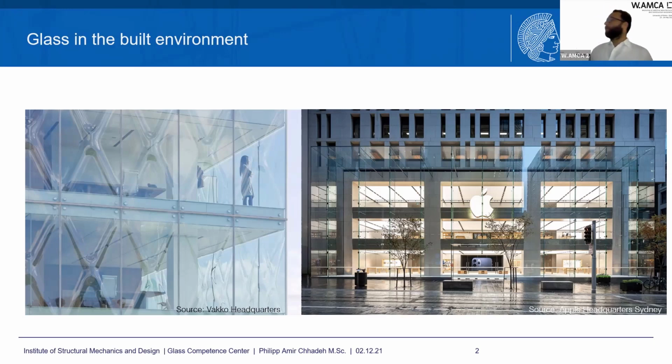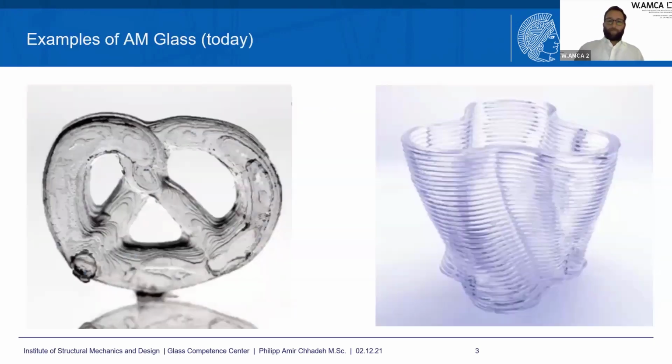So enough about that. Additive manufacturing of glass: there have been other successful prints, for example from the KIT, from Mr. Kotz, the pretzel on the left, and on the right side is from the MIT, the diffuse glass deposition modeling.